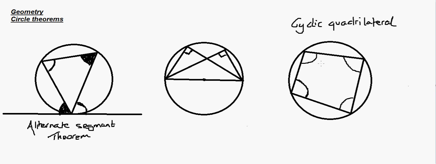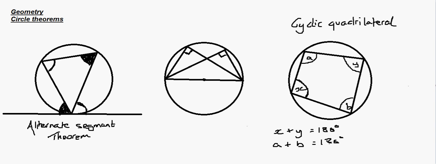Now because it's a cyclic quadrilateral, x plus y will equal 180 degrees. So opposing angles always add up to 180 degrees. So it follows that A plus B must equal 180 degrees.